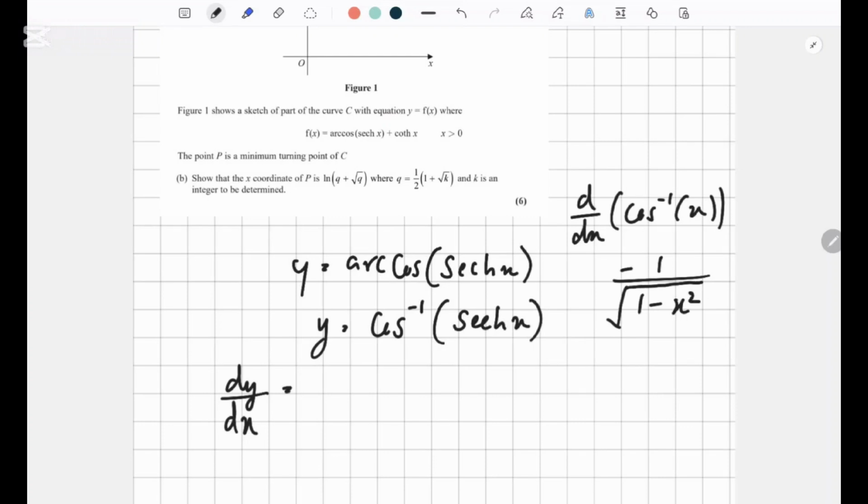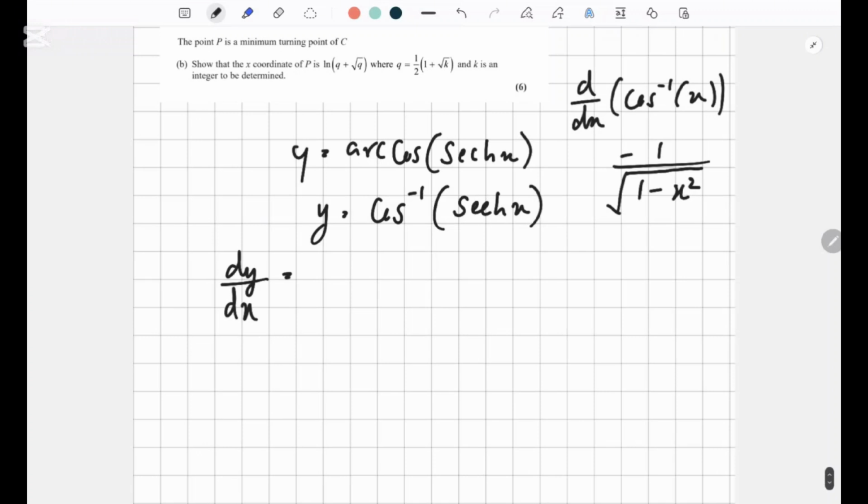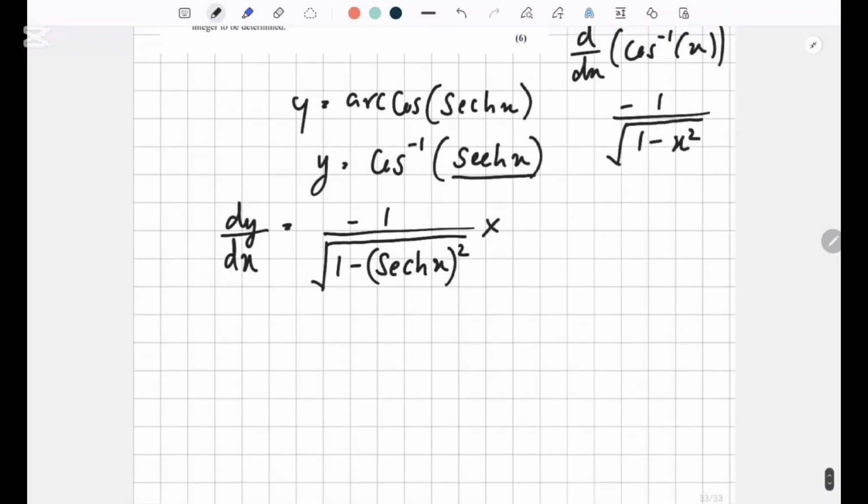You have to remember that, all right? So in this case, it's going to be minus 1 over root 1 minus sech squared x, into the differentiation of what we have inside. So what's the differentiation of sech x?